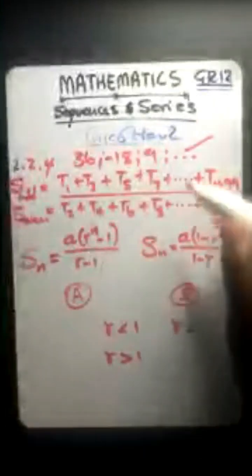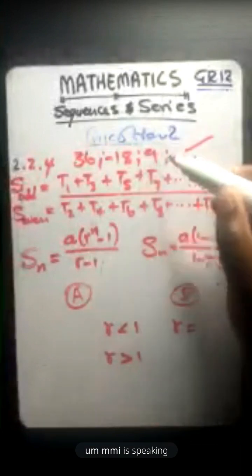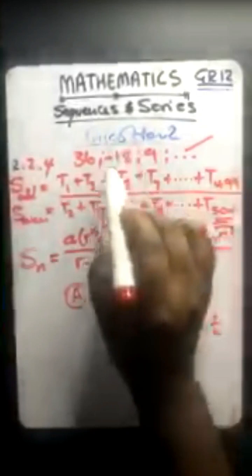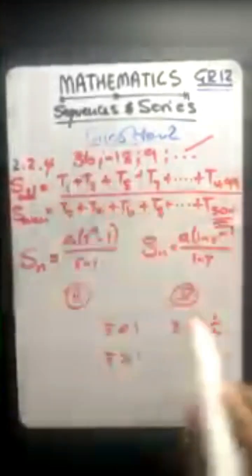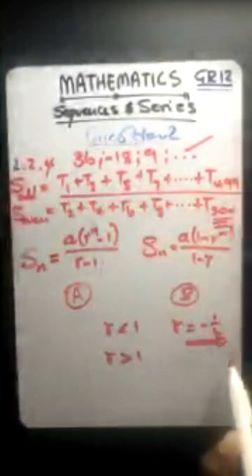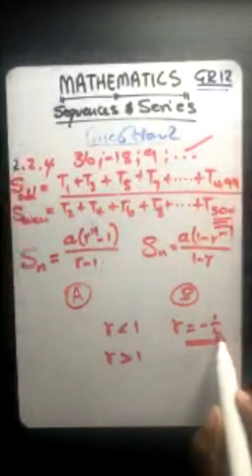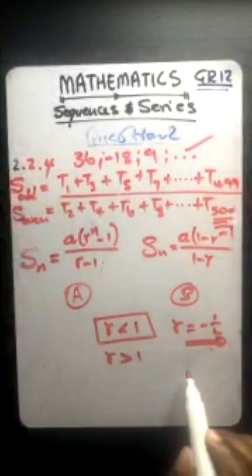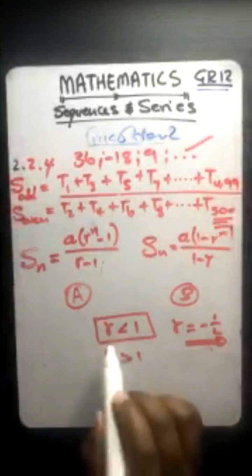Remember, the r is less than 1 because the r that we calculated is that divided by that, which was negative 1 over 2. So that means we use the formula that says you only use it if your r is less than 1.